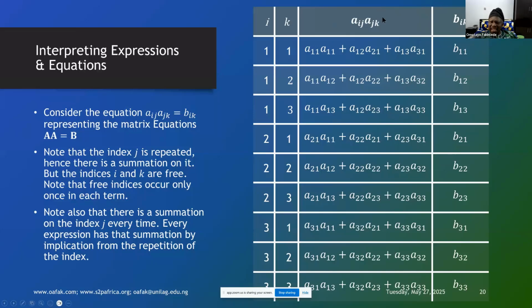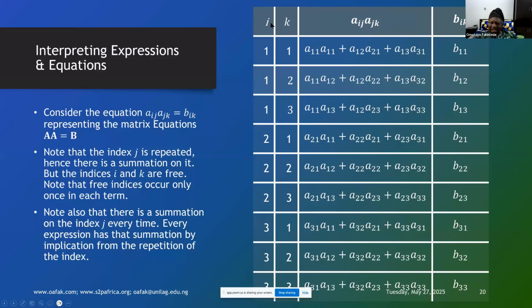If you just expand Aij, Ajk, when I is 1 and K is 1, because I and K are free indices, the first expression, like we said before, there will be 9 expressions here because there are 2 free indices. I is a free index, K is a free index.